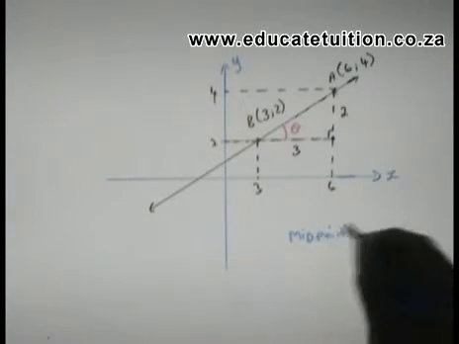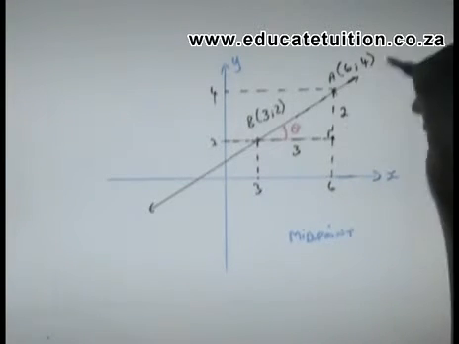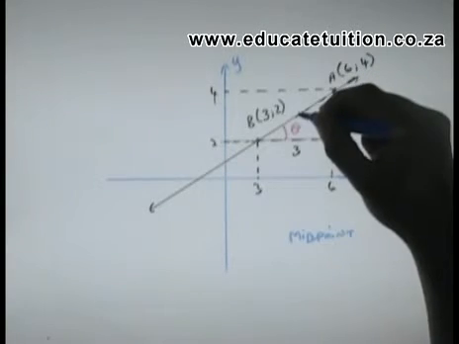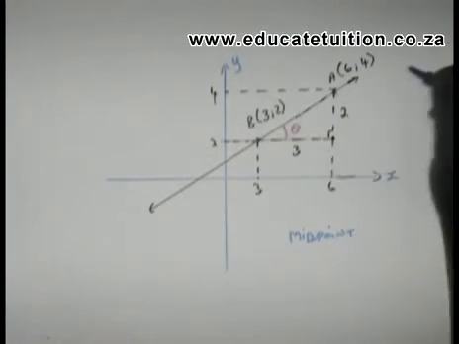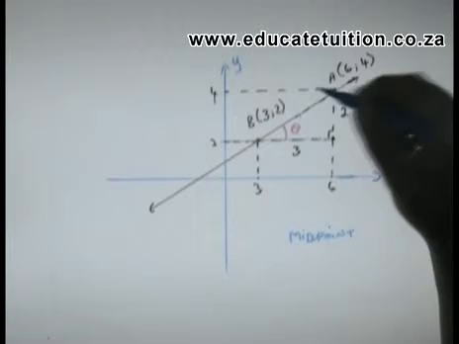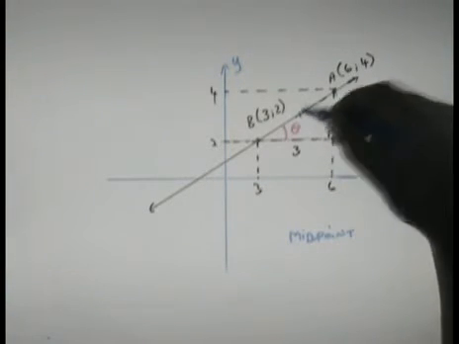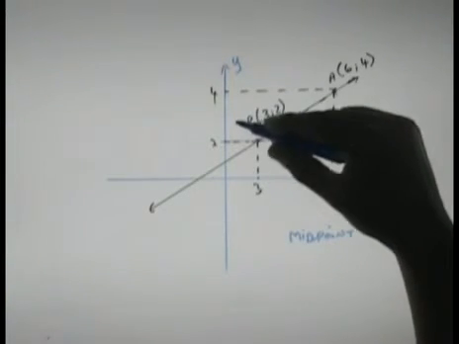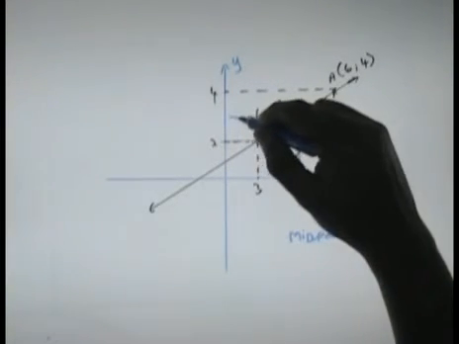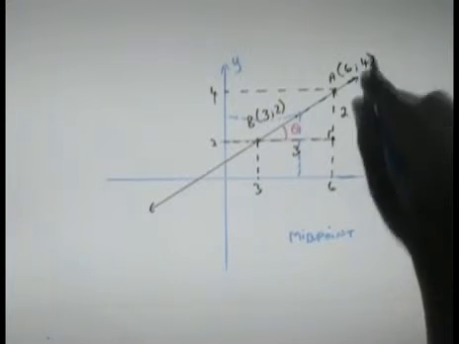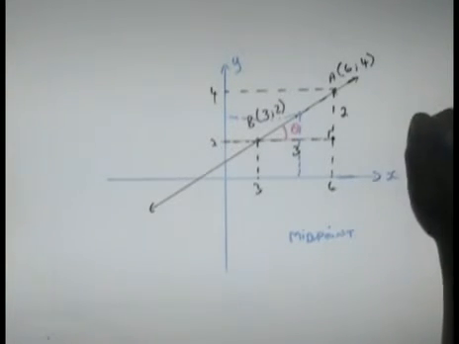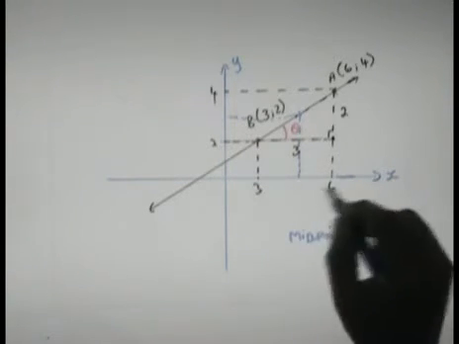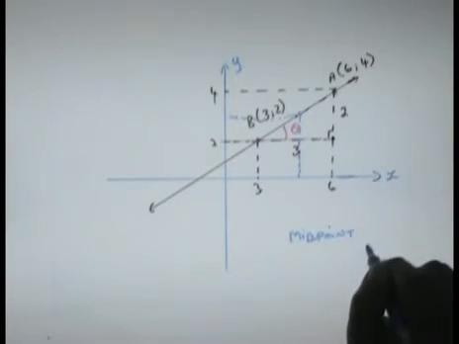I'm going to use the same graph that I've been using thus far for the gradient. I'm going to now be looking for the midpoint between A and B. Now think about this. The midpoint between A and B would be over there, right? Wouldn't that have an x value and a y value? More importantly, let's look at the coordinates of the x value and the y value. This x value would be exactly between 6 and 3.